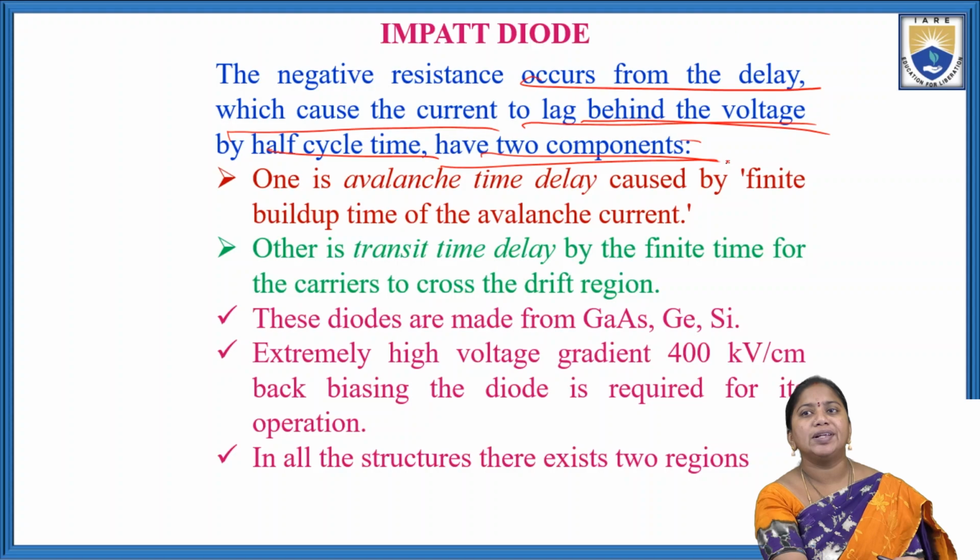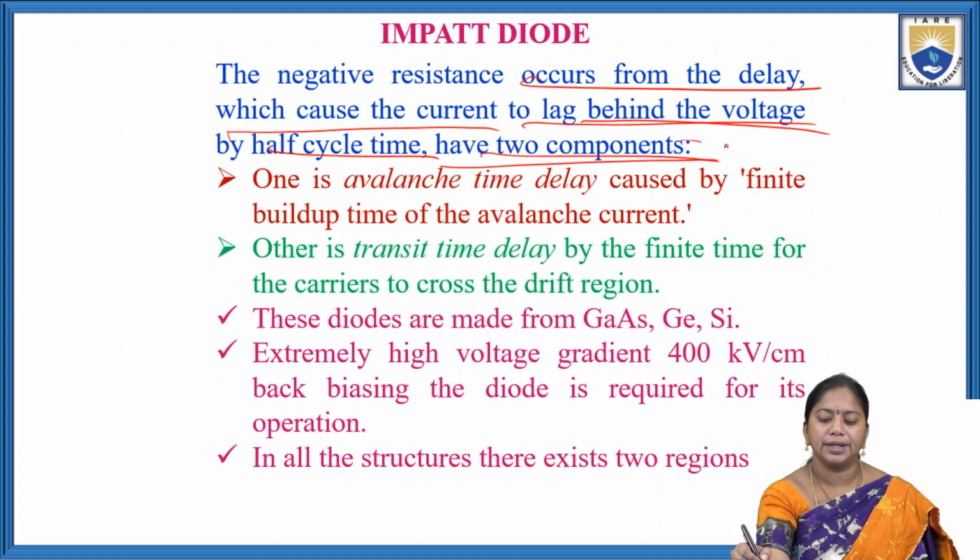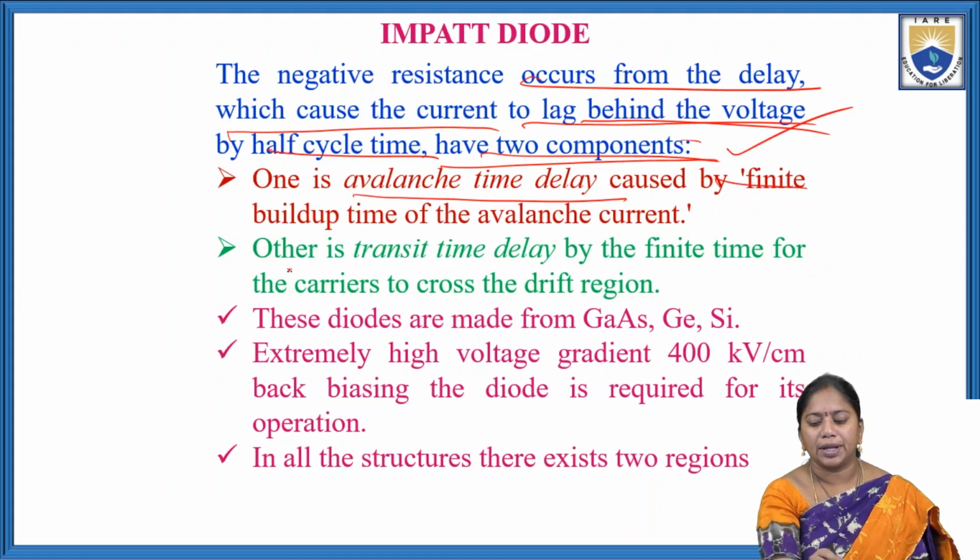One is the avalanche time delay, caused by the finite build-up time of the avalanche current.